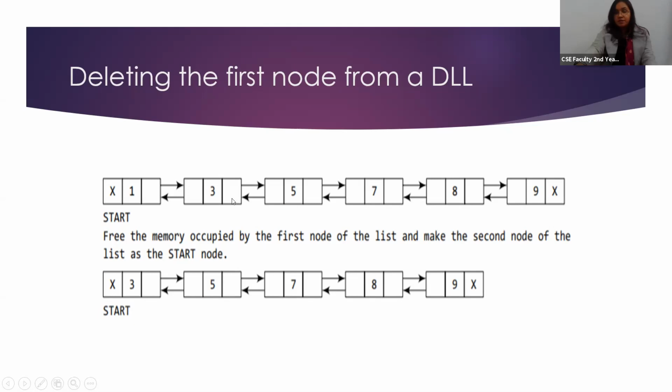If this node becomes the first node, then the previous part of this node will contain null. And the memory allocated to the deleted node should be released. And what else? Start should contain the address of this node. So these are the changes that will happen if we delete the first node from a doubly linked list.